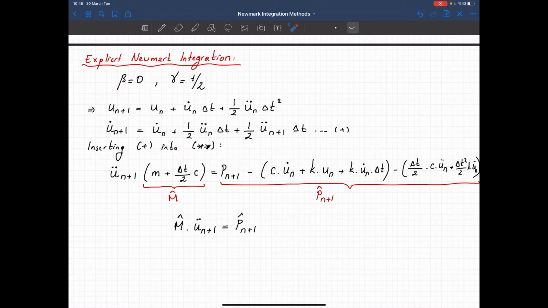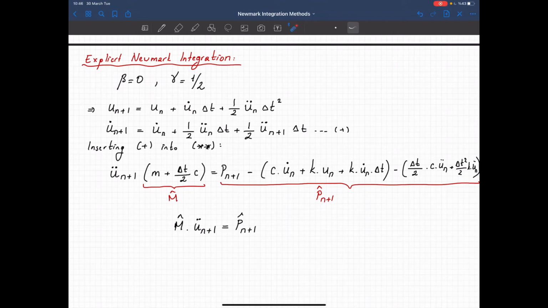And at every time step, if you assume that m and c don't change, this is all known and this is all known. So that's why we call it an explicit Newmark integration method.